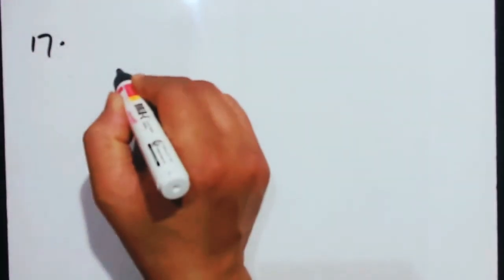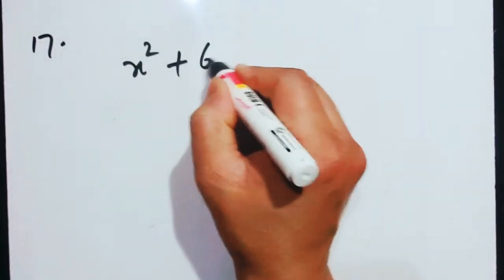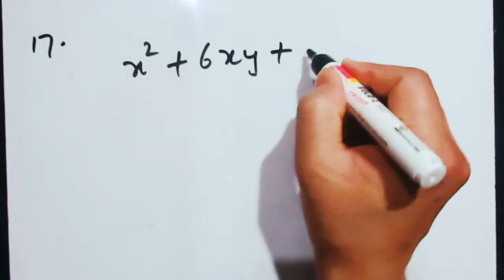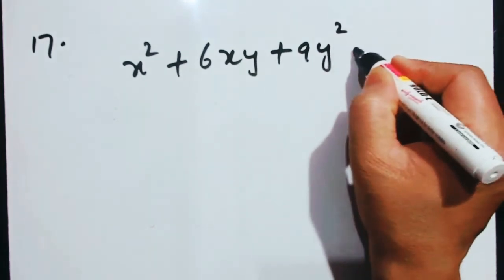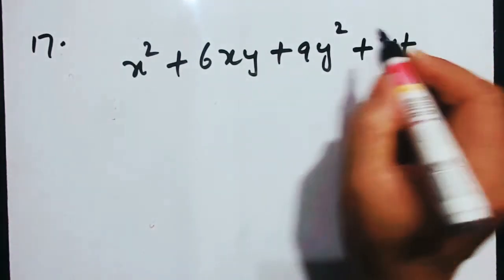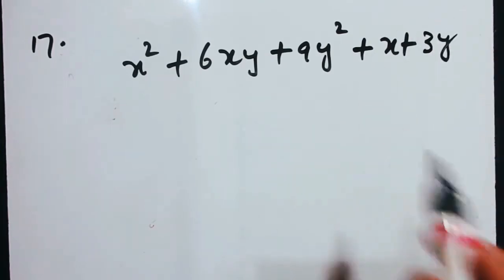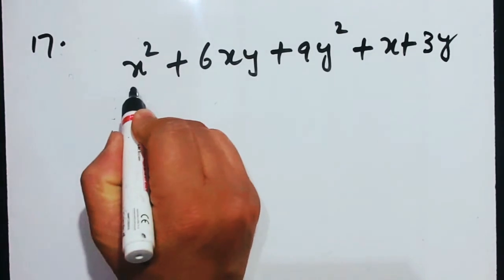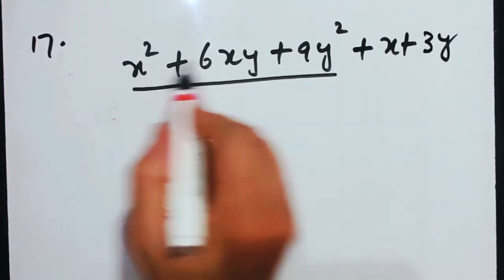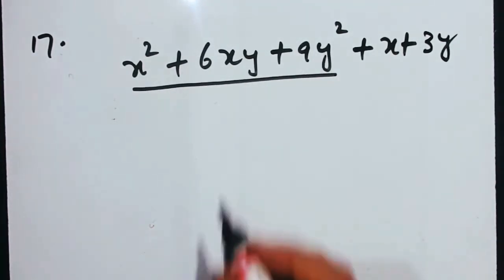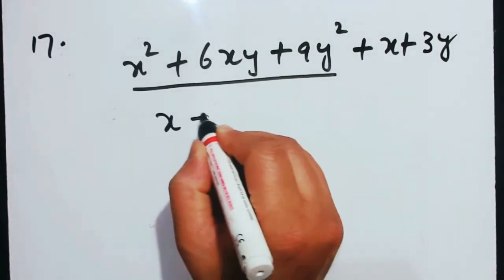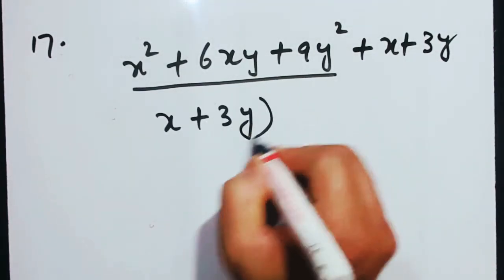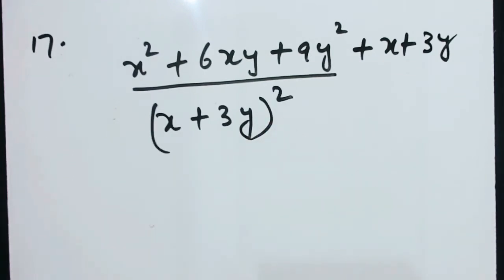Let us concentrate on 17, which says x square plus 6xy plus 9y square plus x plus 3y. Great. So I find that this value from here to here will fit in the formula x plus 3y whole square, because have a look.